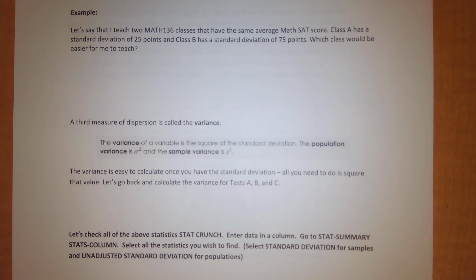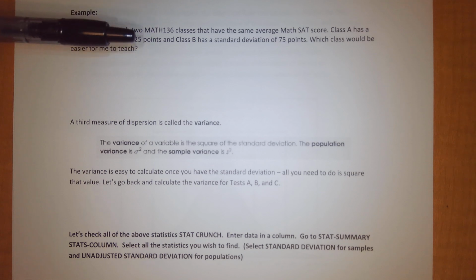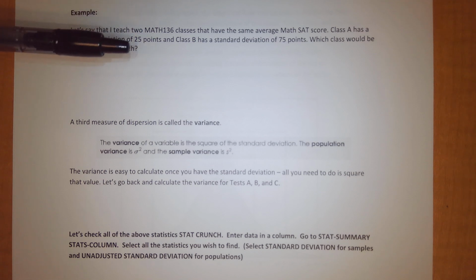So Class A has a smaller standard deviation. So what does that mean? Since it has a smaller standard deviation, it means that more students will have alike intelligence levels, right? So they're all very close to having the same test score, so they're all very close with knowledge of content.